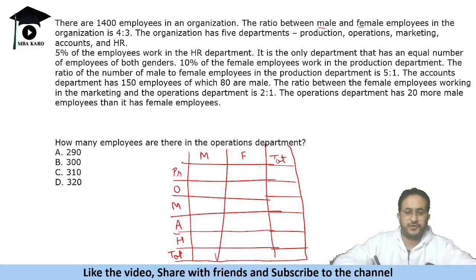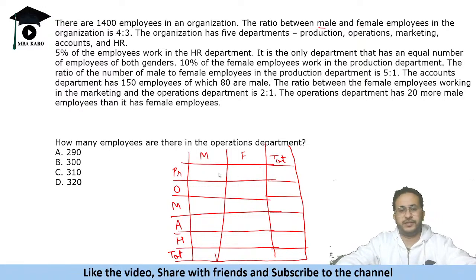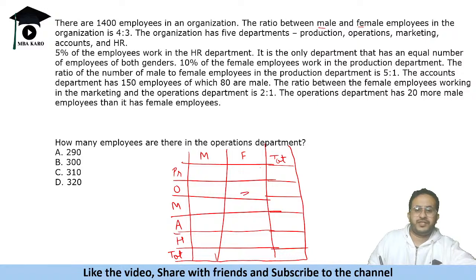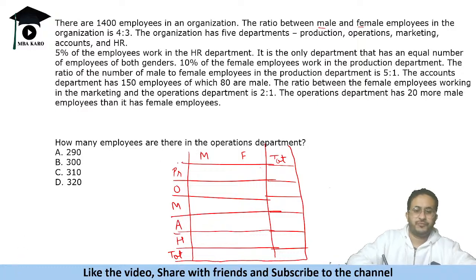So based on this given information, formulate this table, try to put in the values, and then answer the questions. Now, if there is a graph based question, right? In that case, you need not formulate the table. You can answer questions individually. But in these kind of questions, wherein passages are given, in that scenario, you need to basically make a table, because you cannot get the numbers directly from the information. So you'll have to make a table, fill in the values, and then answer these questions.